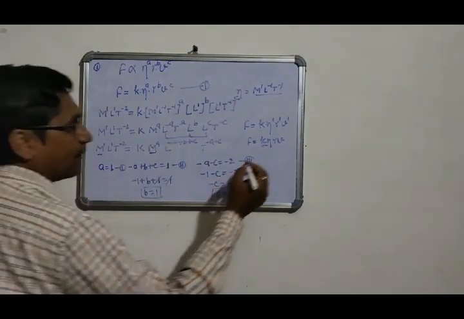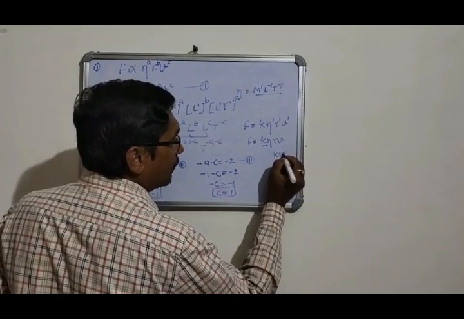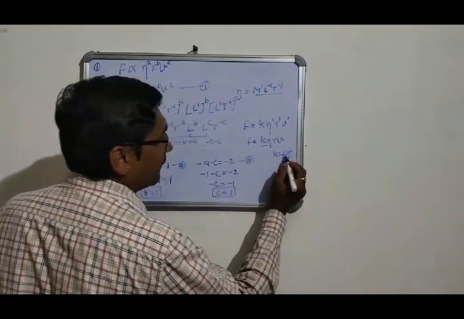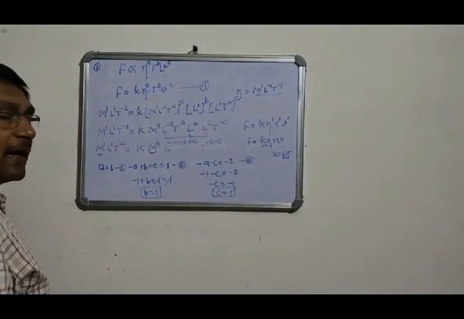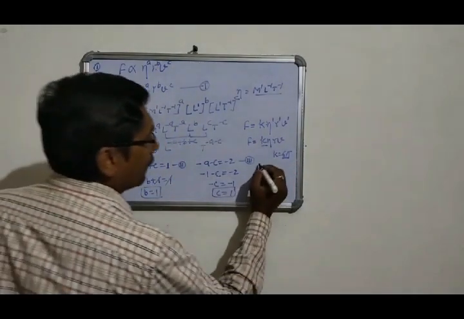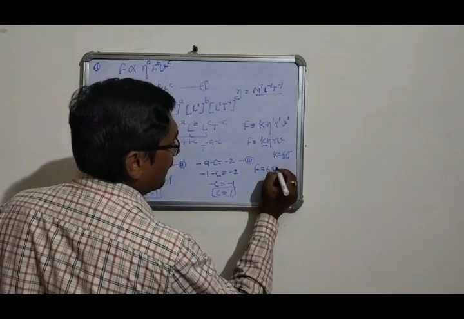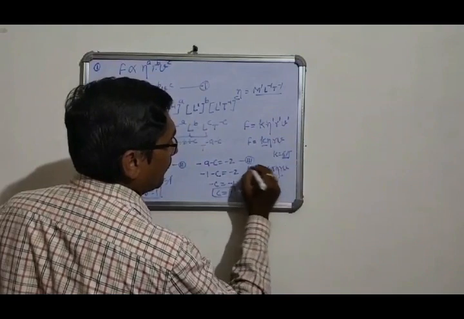According to experiment, K equals 6 pi. Here 6 is the numerical value and pi is an angle, which has no dimensional formula. So the formula should be F equals 6 pi eta R V.